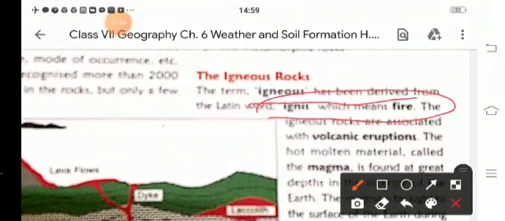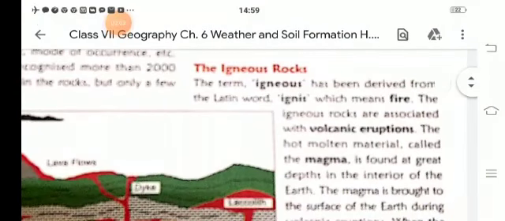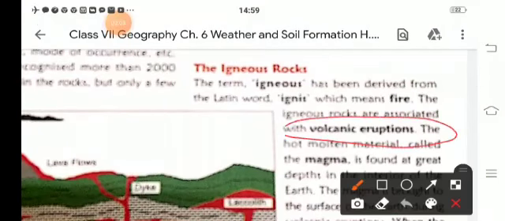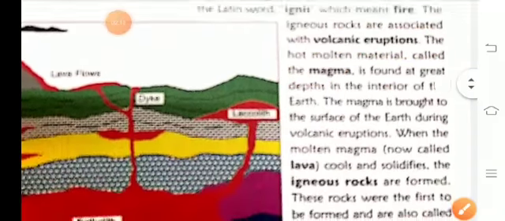The igneous rocks are associated with volcanic eruptions. When the word fire comes, it means it is associated with volcanic eruptions, where the hot molten material, known as magma, is found at a great depth in the earth.